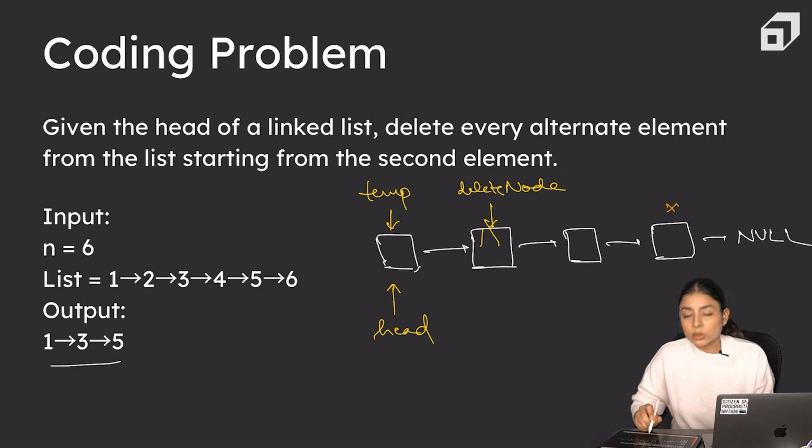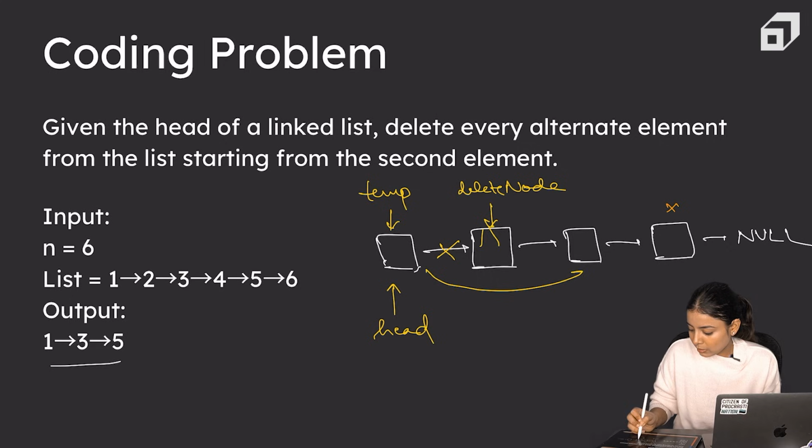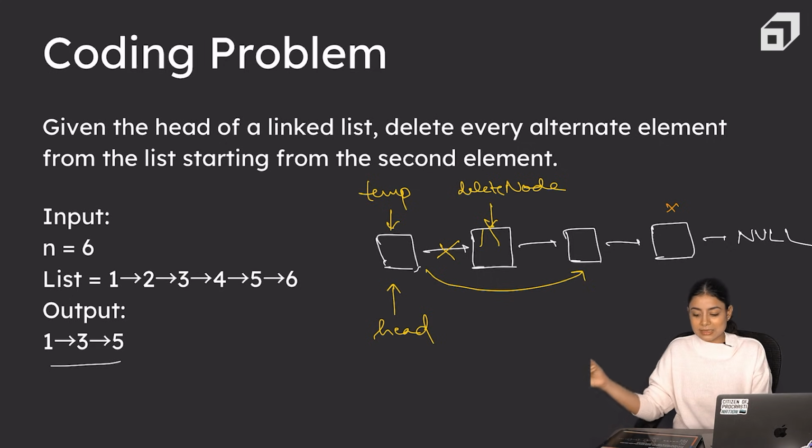So delete node will be the next of the temp node, and the next of temp, meaning this link, will be removed, and we'll make temp next point to temp next next. That means this node right here.